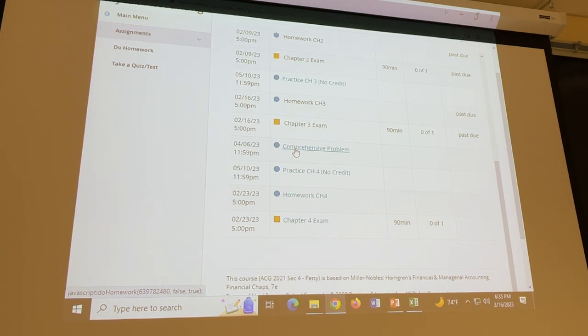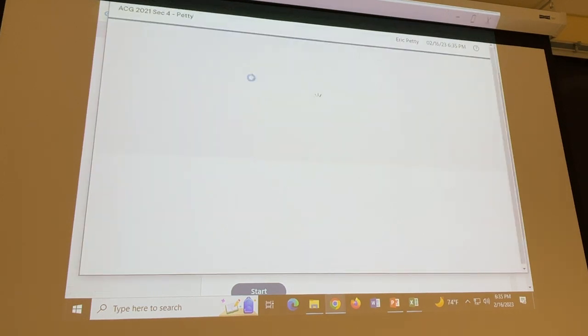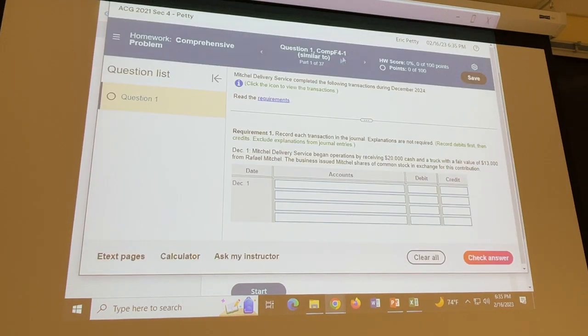So if I click on the comprehensive problem here, and then click on the specific problem, it says up at the top, part 1 of 37. So there are 37 separate parts of it. And basically, you're going through all of the steps in the accounting cycle for this sample company.